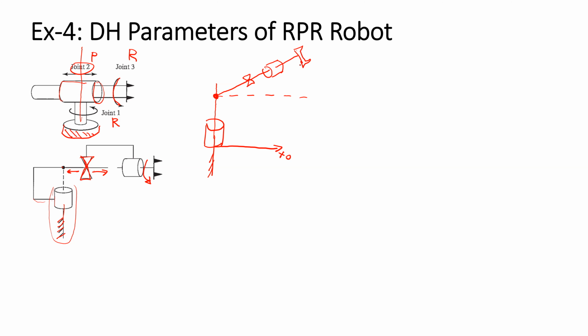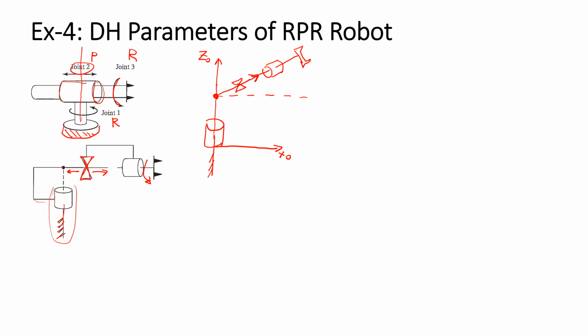Okay, at least now, what we need to do is point the Z directions. Z0 is along joint 1. Z1 is along the prismatic joint.